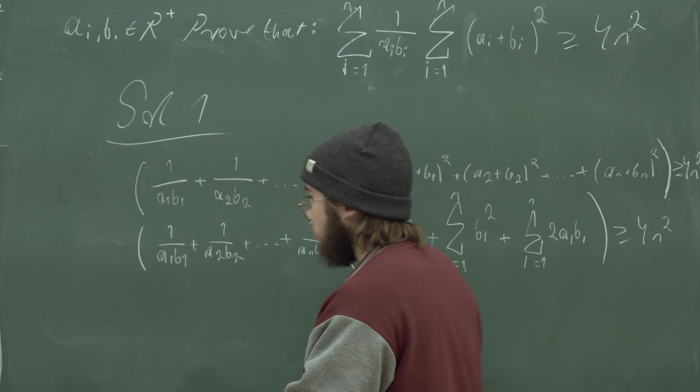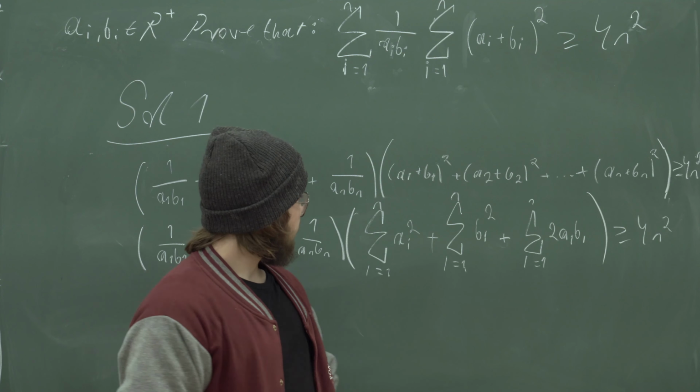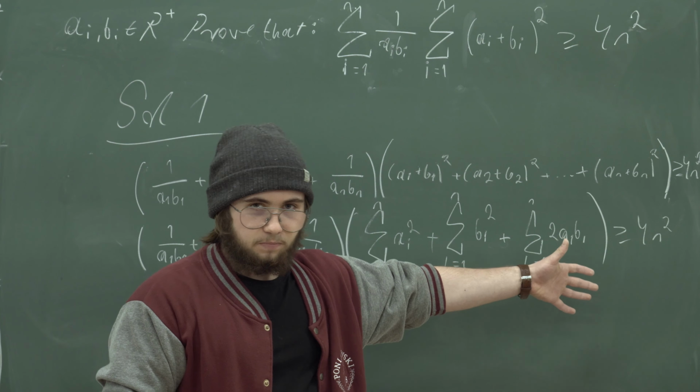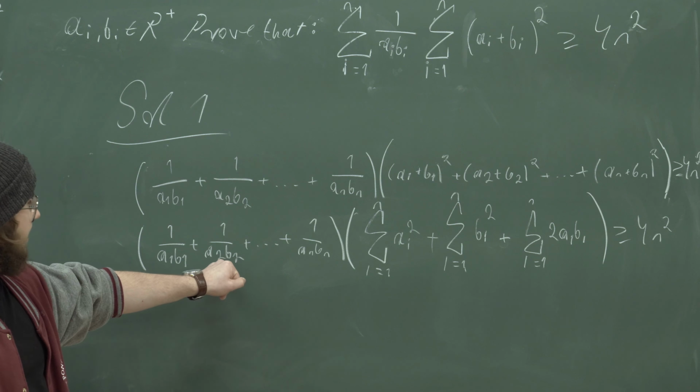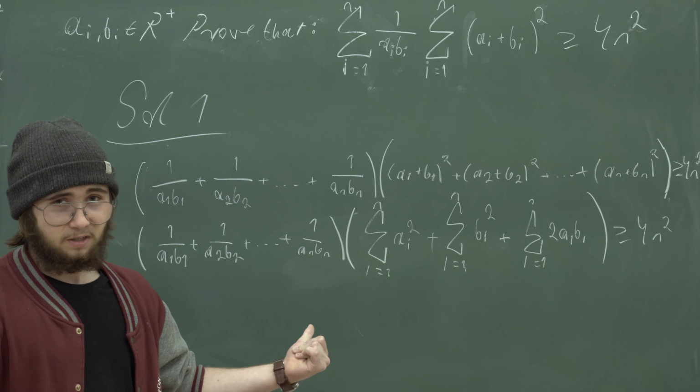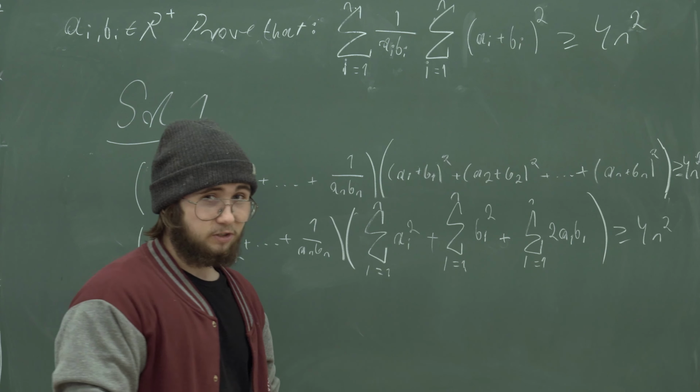Lovely. Awesome. So this is kind of nice because here we're getting some a_i times b_i, and we also have some a_i times b_i right there, but the problem is here we have the sum of reciprocals of them. So how can we get rid of those reciprocals?